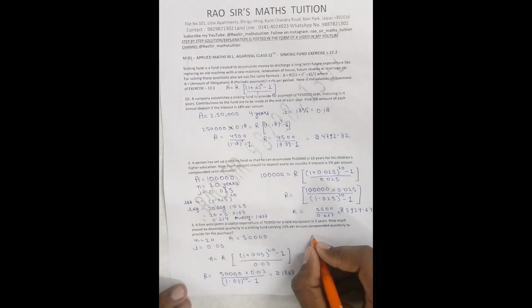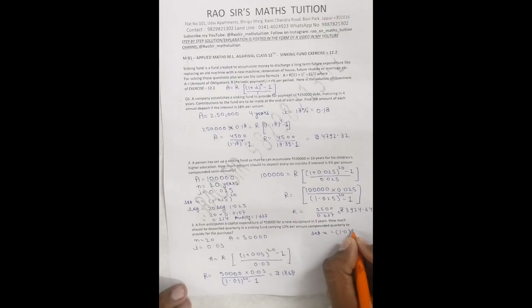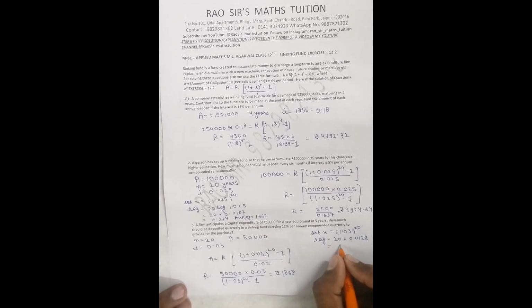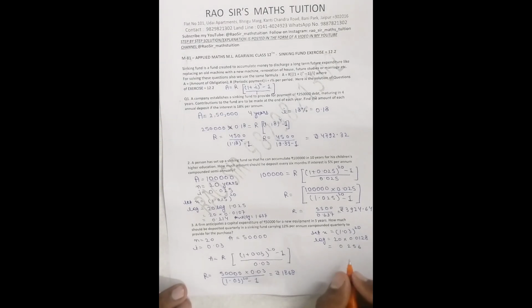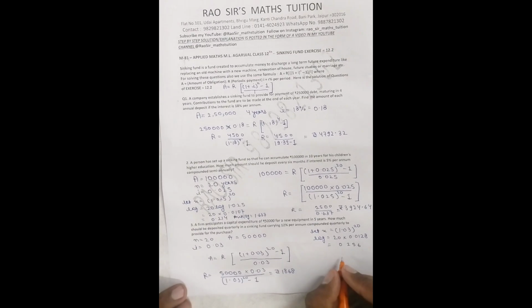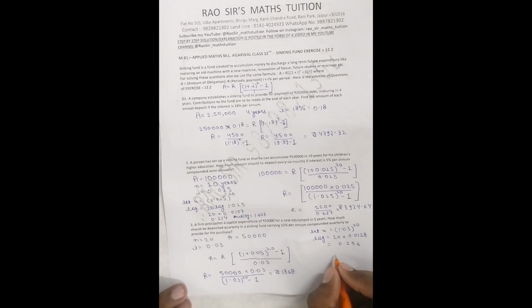You can show it here in the rough how we have calculated this log. So the antilog of 0.256 is 1.803.